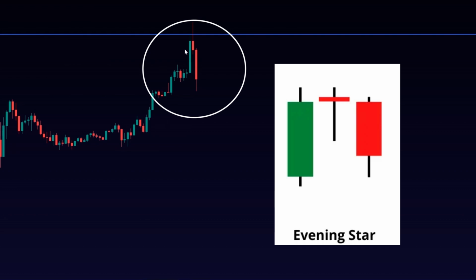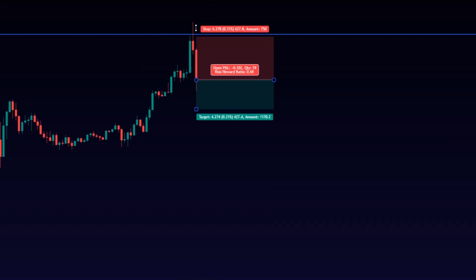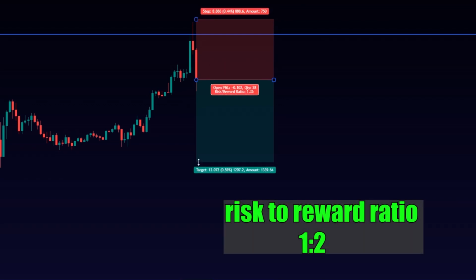Now we have observed an evening star pattern in the 15-minute time frame, so we enter a sell trade. We place our stop loss above the last swing and consider a 2 to 1 risk to reward ratio. Let's see what happens.